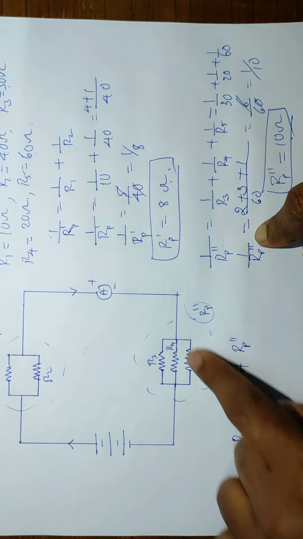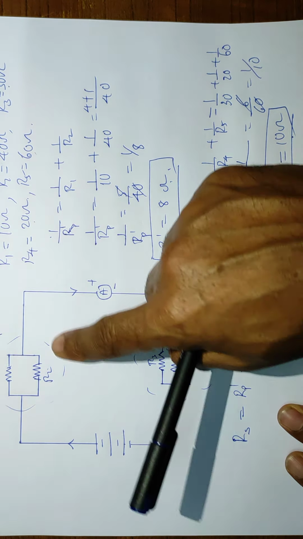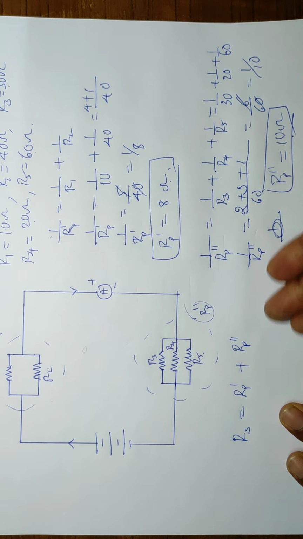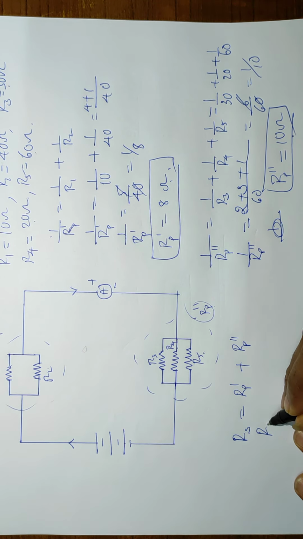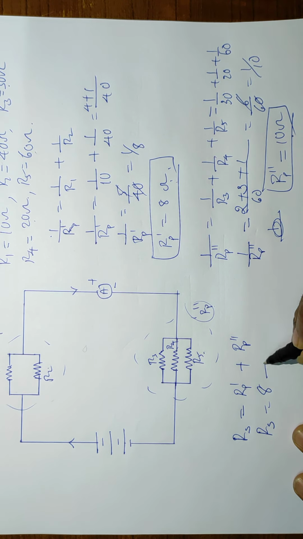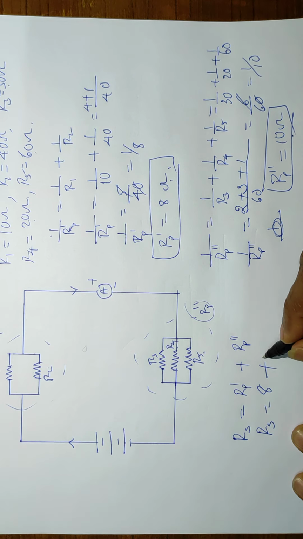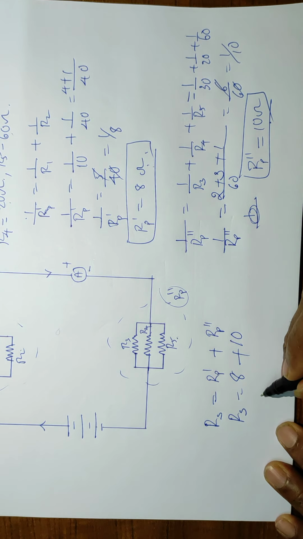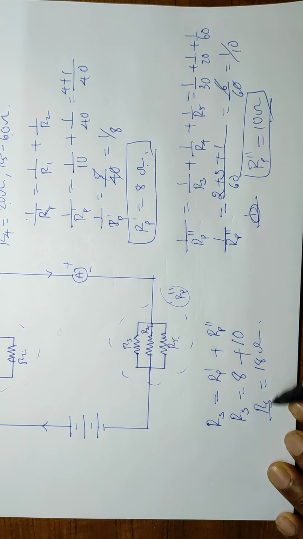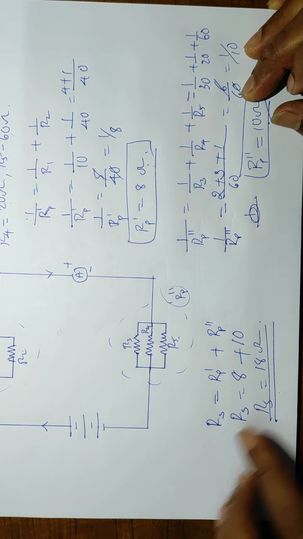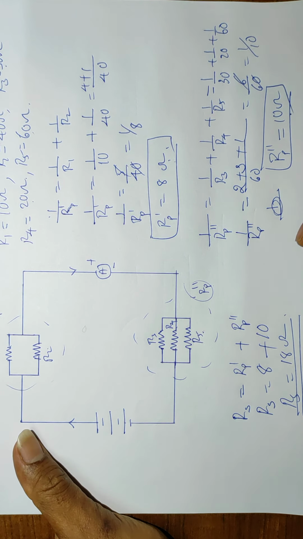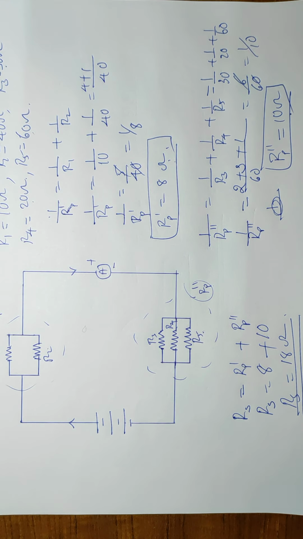When they are connected in series, the equivalent resistance is equal to the sum of the individual resistances. So Rs is equal to, how much is Rp dash? 8 ohm plus what is Rp double dash? 10 ohm. So that gives you 18 ohm. The circuit resistance or equivalent resistance of the combination is 18 ohm.